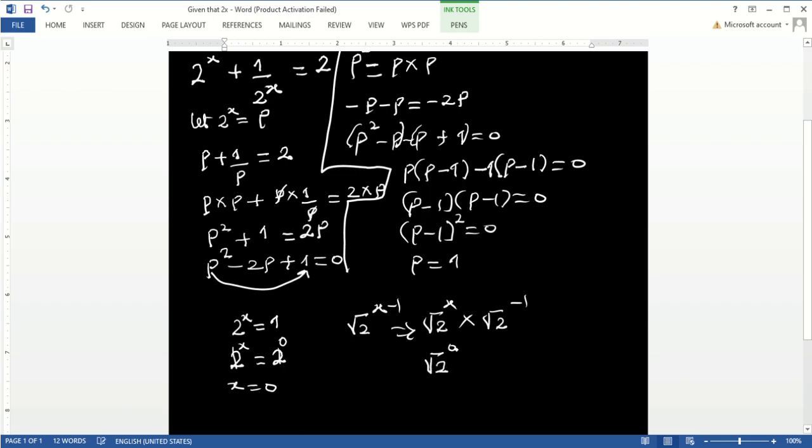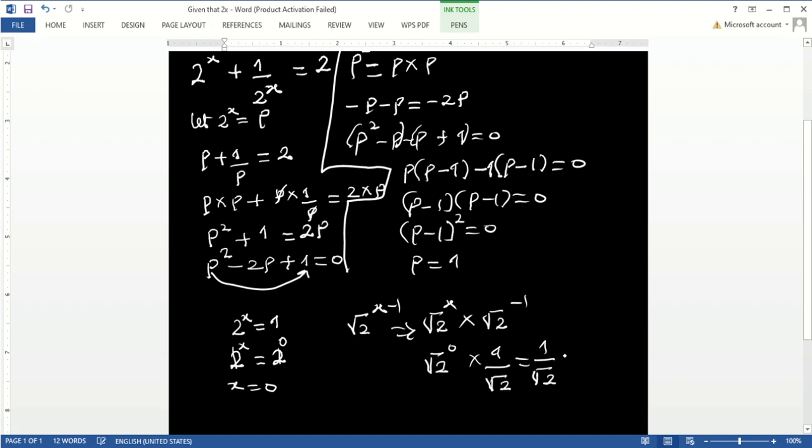This means root 2 raised to the power 0 times these negative indices can also be rewritten as 1 over root 2. So the whole expression becomes 1 over root 2 times 1, since root 2 raised to the power 0 is 1. Then this is a surd.